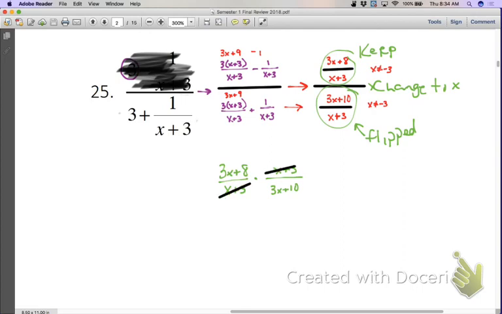X plus 3's cancel. So then my final answer becomes 3x plus 8 over 3x plus 10, where x cannot be negative 3.